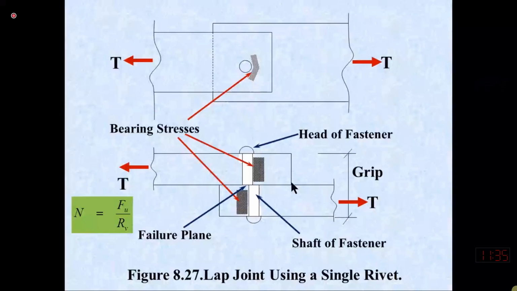But if we have tightened this bolt or fastener by a firm connection, or if the contact pressure is very high, then this plate cannot slip, because we have tightened this bolt with some pre-tensioning. Due to the very high contact pressure, even though the hole size is more, this plate cannot slip. It means that slip is prevented.